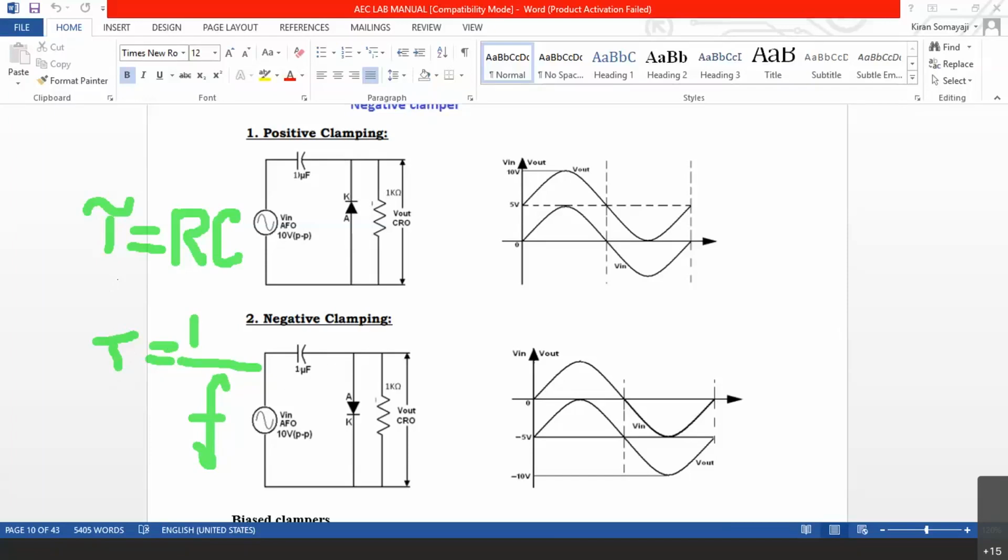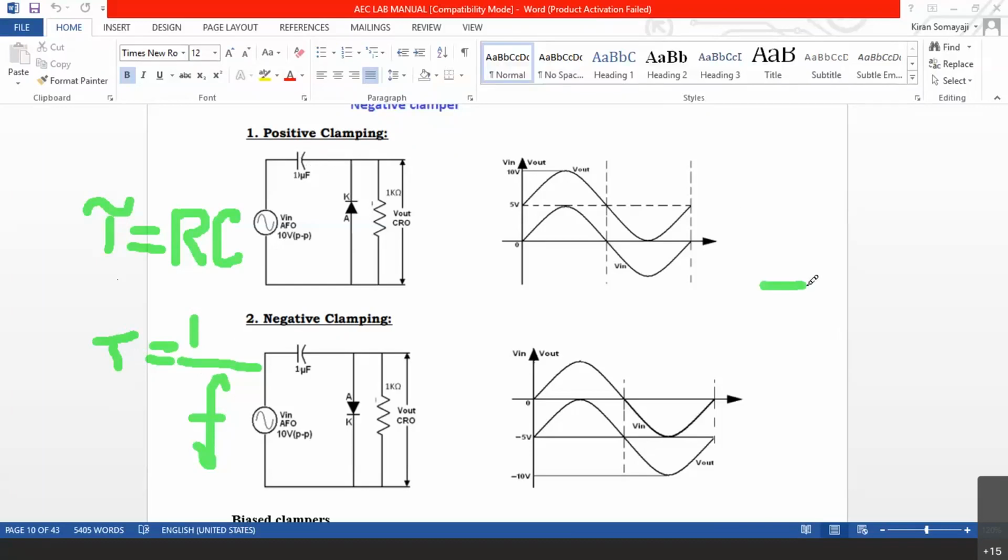Now the condition for the clamper circuit to work is that frequency must be much larger. If frequency is much larger, duration will be much lesser, so that we should not give the time for the capacitance to discharge. That is the idea.